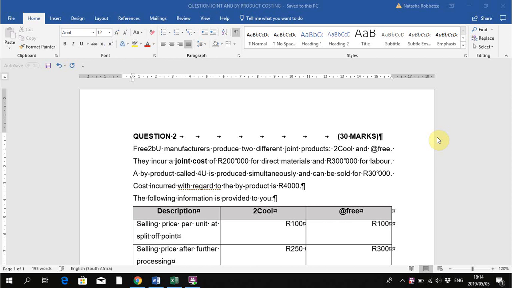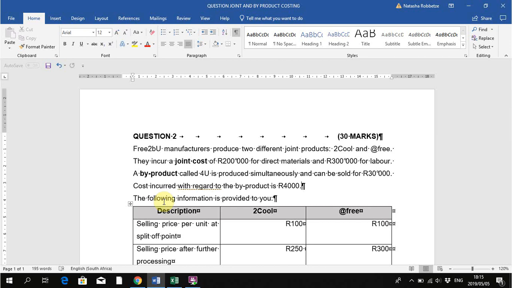Then we also have this concept of a byproduct. And a byproduct is basically a product that is produced spontaneously during the production of joint products. So it is not necessarily our intent to make this byproduct, but it comes about in producing the joint products.